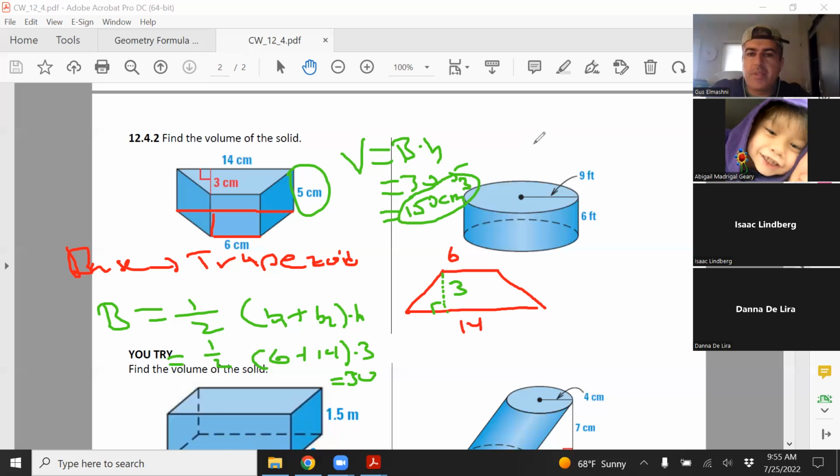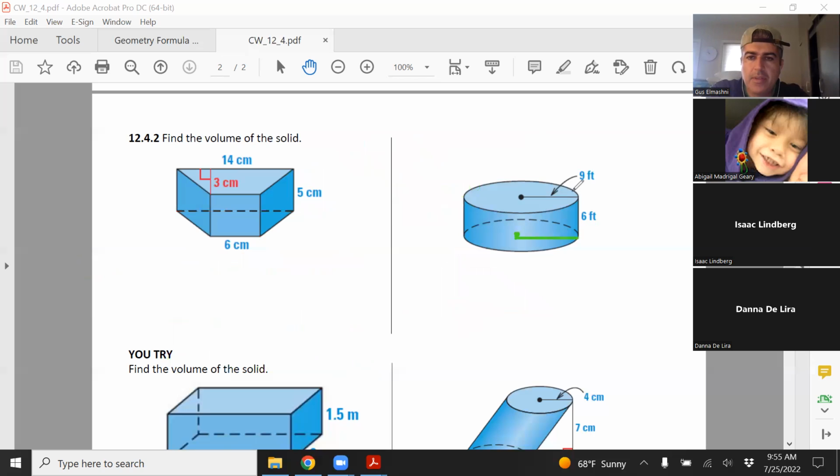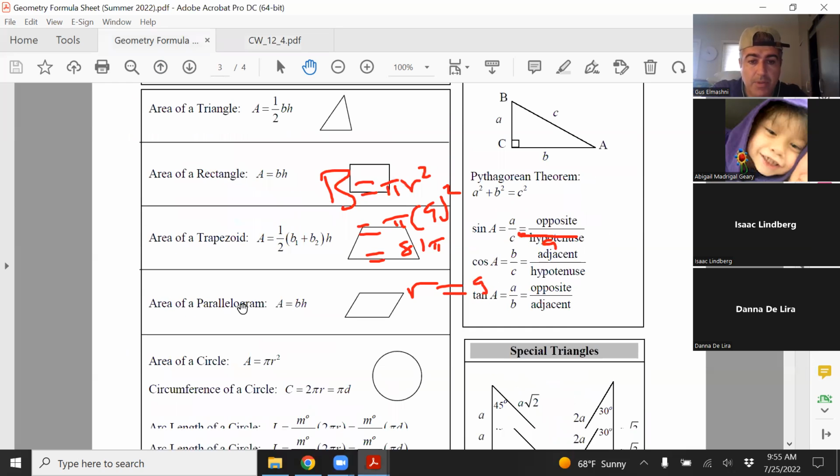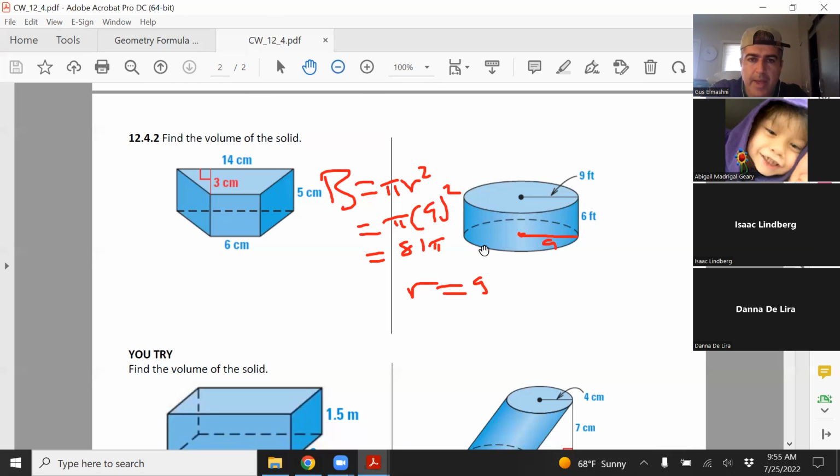Okay, next up is a circle. So your radius is 9, right? So the base is a circle, so you need pi r squared. Just 81 pi. And again, in case you forgot the equation for a circle, it's right here, pi r squared. And of course, you have to multiply by height to get the volume.